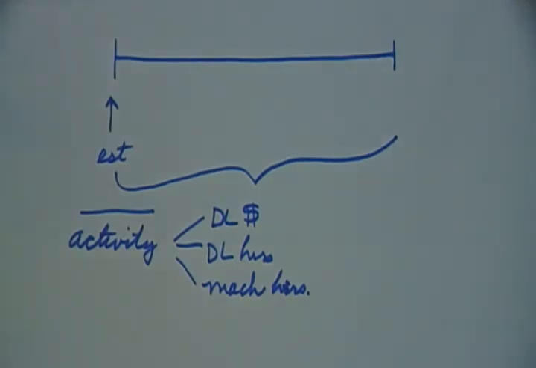Now, if you think about it, if you produce 1,000 units this month and 2,000 units next month, your employees are going to work twice as much. Agreed? If you produce 2,000 units this month and 4,000 units next month, the machine is going to run twice as long.